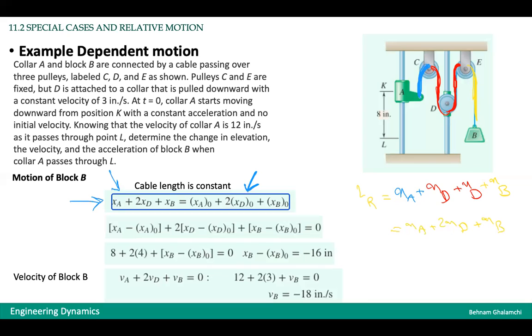So that's why I'm able to write it in this form. This is the initial value, and this is the current value for the positions. They are equal because they are lengths of the rope. I can simply rewrite that equation, for example, putting XA and XA0 together, XD and XD0 together, and the same for XB.